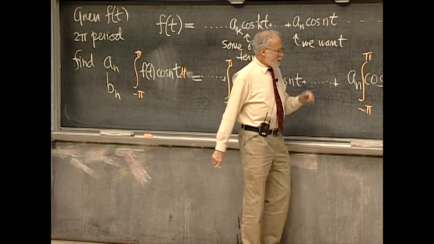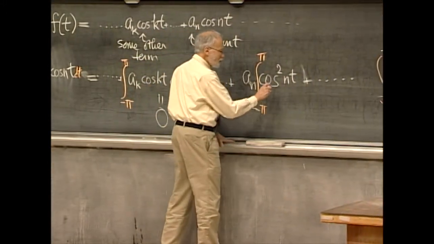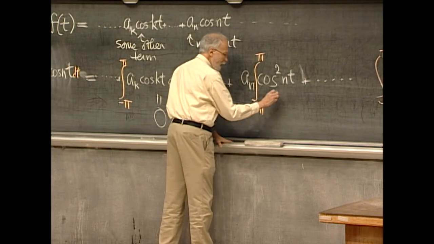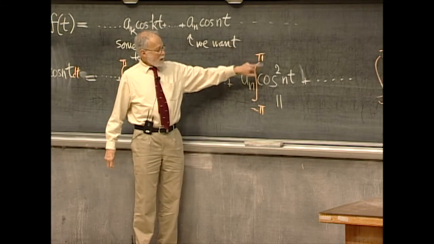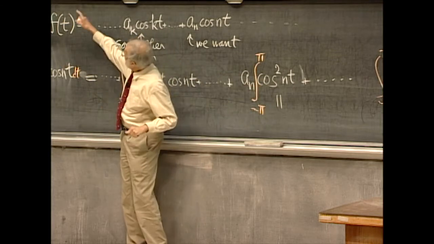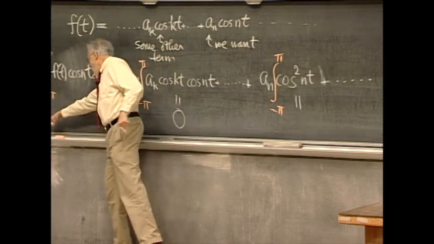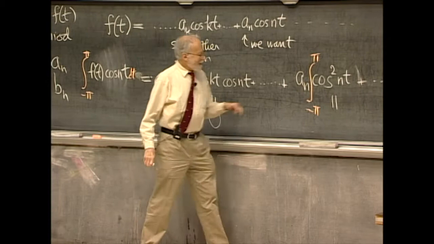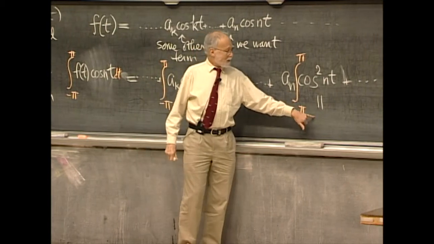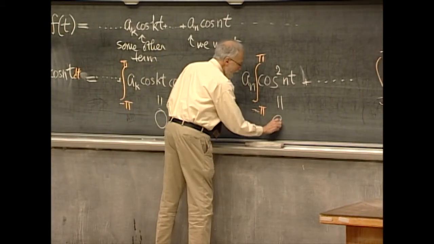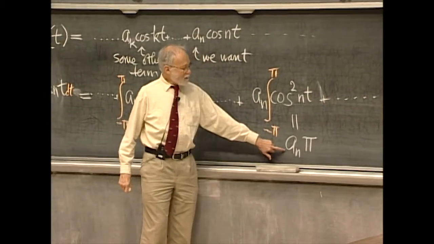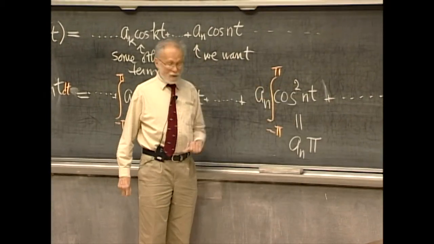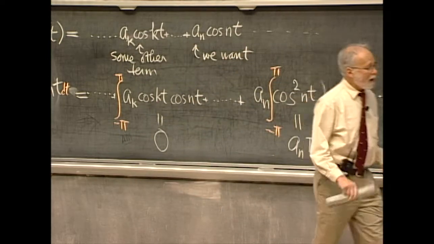All of the other terms are 0, and the only one which survives is this one. And what's its value? The integral from minus pi to pi of cosine squared, I put that up somewhere. It's right here. It is pi. So this term turns into an pi. An is dragged along, but the integral of the square of the cosine turns out to be pi.